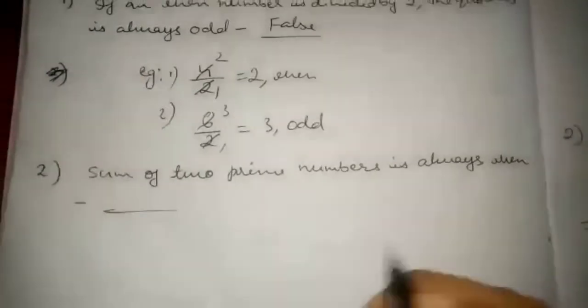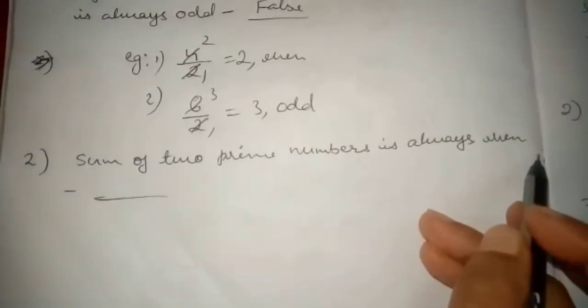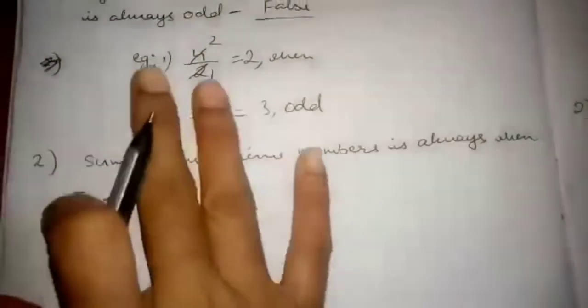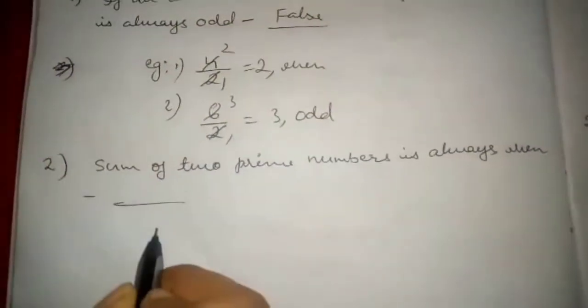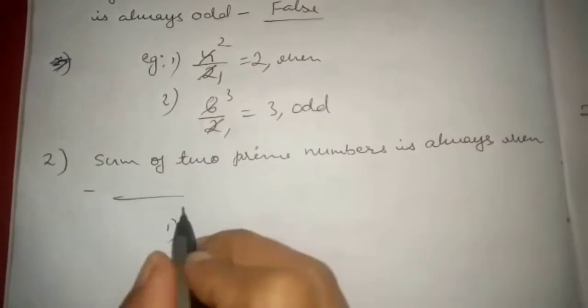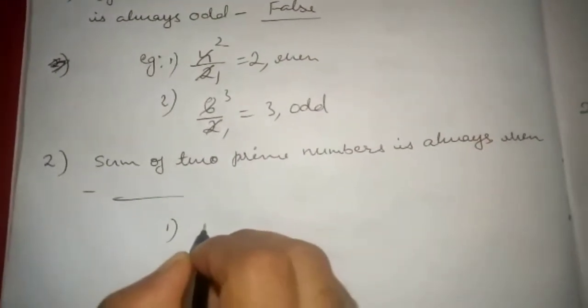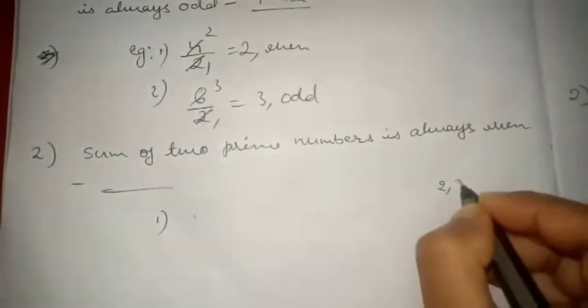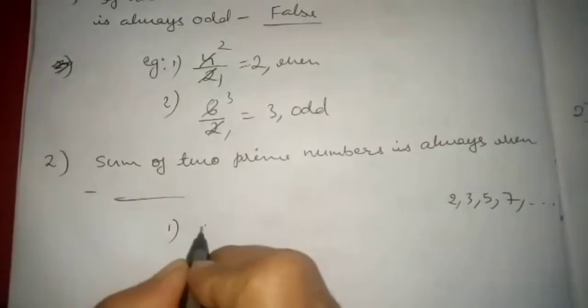Second question: the sum of 2 prime numbers is always even. You have to say true or false. Same way, we'll take examples and find out the answer. First example, sum of 2 prime numbers. Prime numbers start from where? 2, 3, 5, 7, etc. First we'll take the first 2.